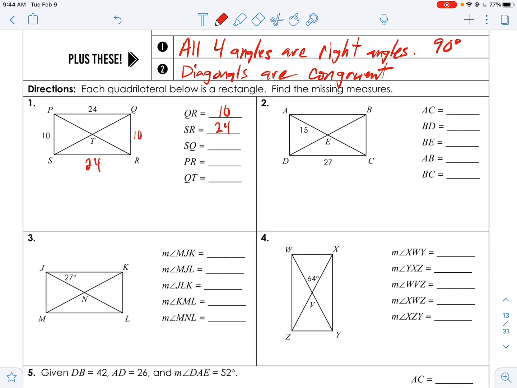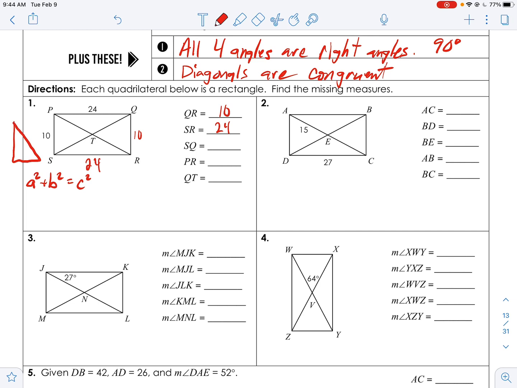Well, you should have been shown something in algebra that would allow us to figure this out, and that is something that deals with triangles. Maybe you remember that a squared plus b squared equals c squared.